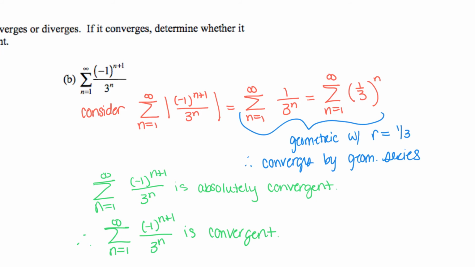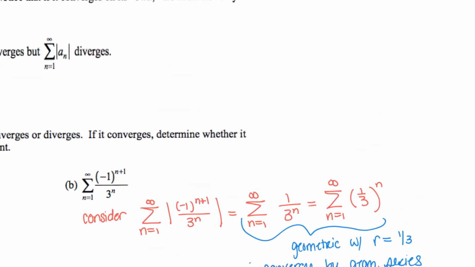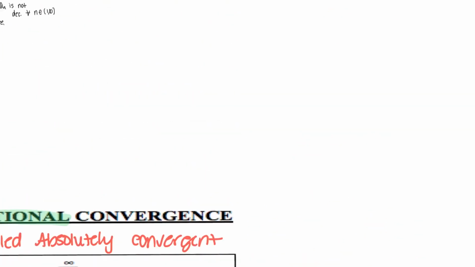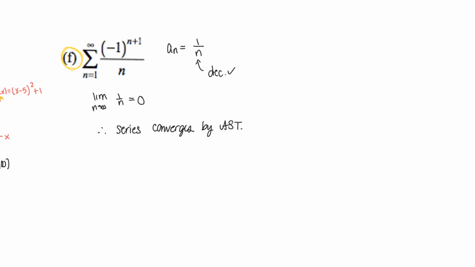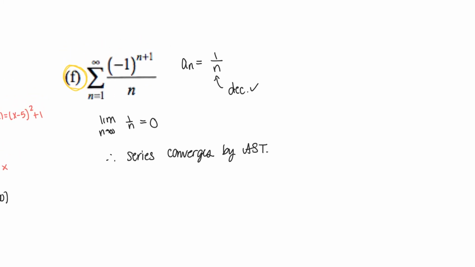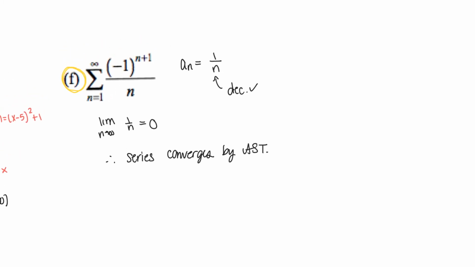I did want to take a moment just to revisit part F of that last example. And we can take a look at this one. So remember in part F, we proved that this converged by alternating series test. But now consider the absolute value. If I consider the absolute value, then this negative 1 to the n plus 1 would become a 1 over n. And this series diverges by p series.